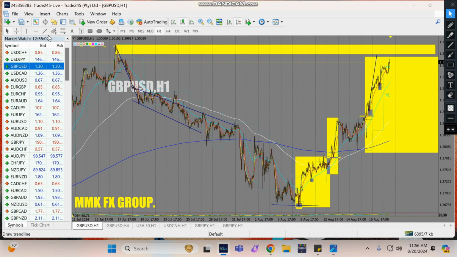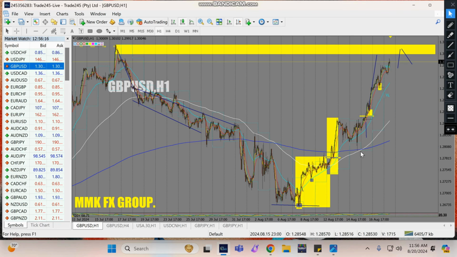I would love to see what price does when it gets to this area so we can look for trades to the downside. Remember, we can also identify in the H1 time frame the 800 and 200 crossover. This basically means that we are probably in our level 3 and the first leg or second leg is being formed. We'll keep an eye on that and see how that goes.